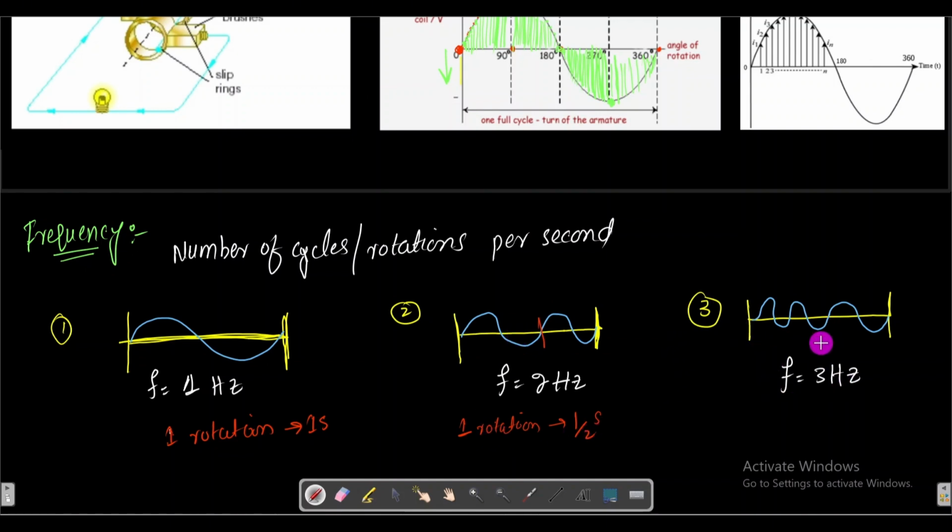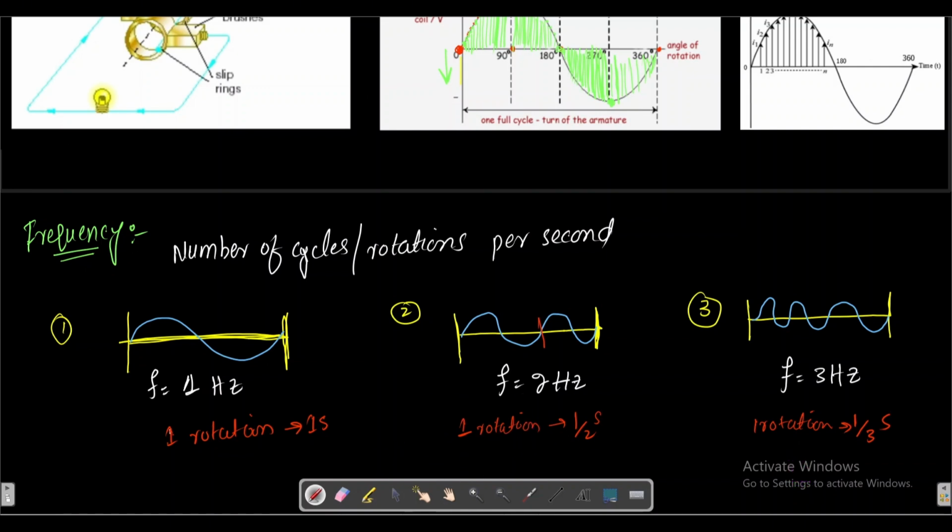In this case, with 3 rotations, I think 1/3 second is required for one rotation.